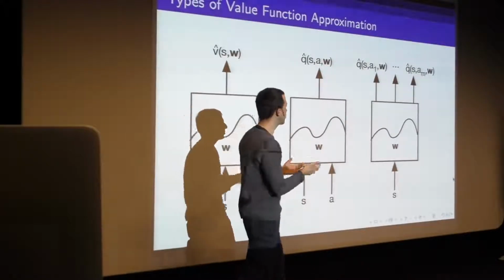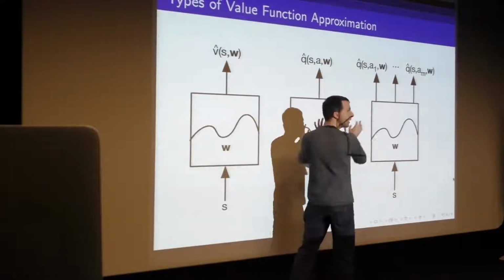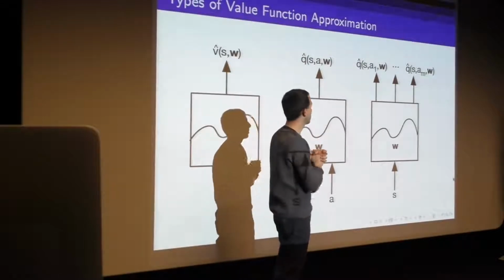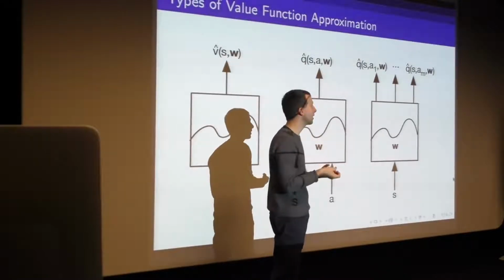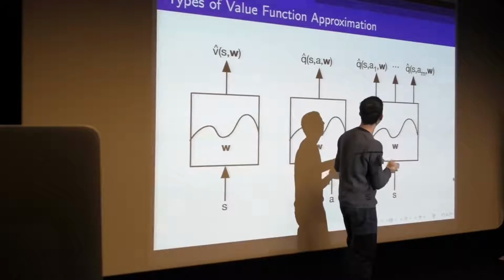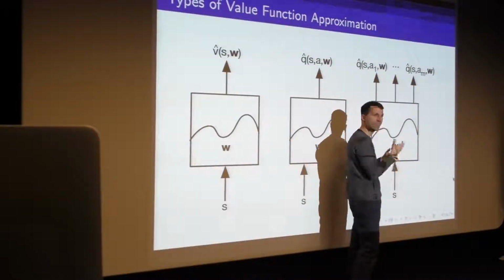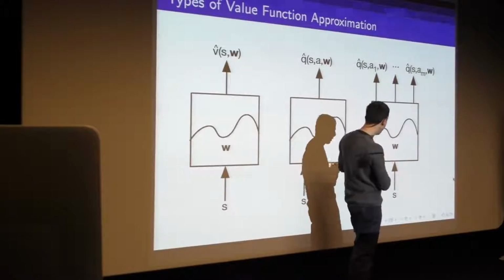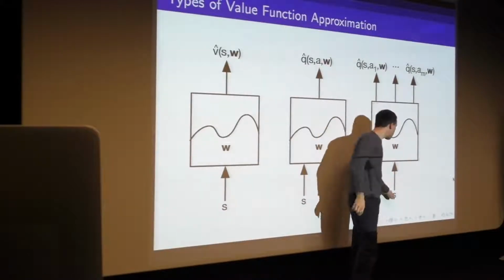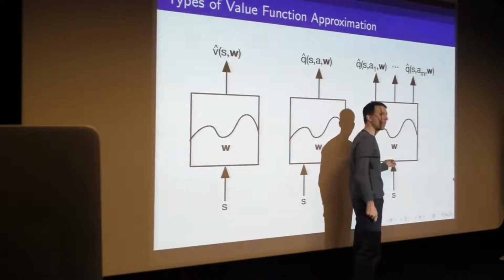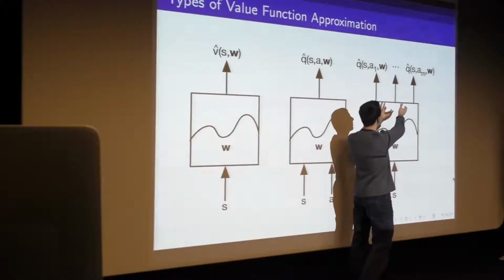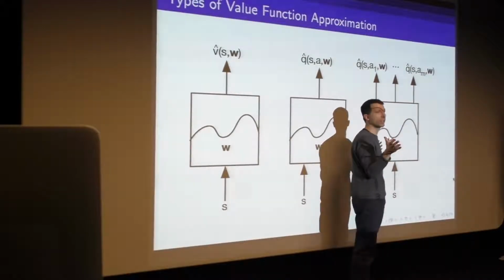Sometimes it's more efficient to use a different form. It's equivalent in the actual data that it's representing, but it leads to a different training algorithm and sometimes a more efficient or less efficient result depending on the context. Now we're just going to say, hey, a state comes in, and we want our function approximator to tell us the value of all actions that I might take.